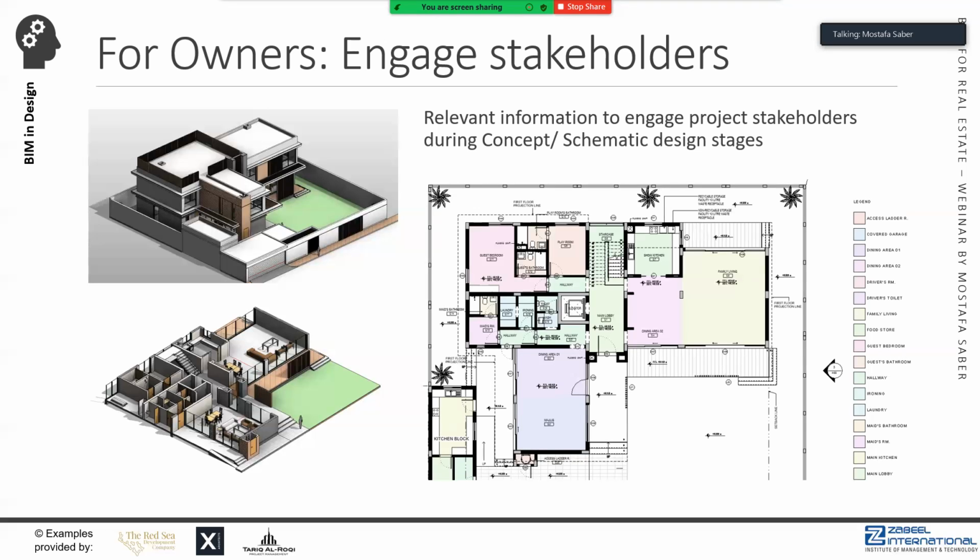It makes it much easier for them to understand, maybe even walk through the building itself. And there are many ways to engage the clients right now with the usage of BIM. One of them is virtual reality, where you can actually walk through your building in a live walkthrough.